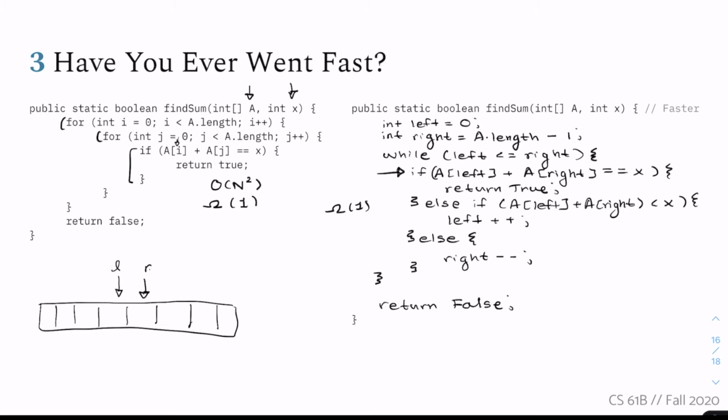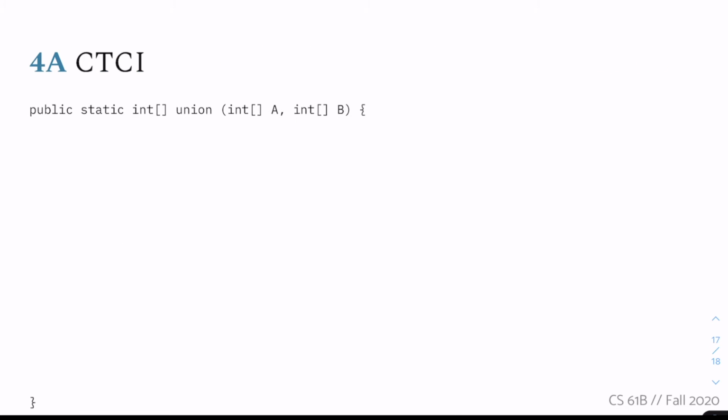So in the end, since we only stop once they basically meet up, it'll take O of n time for that to happen, which is a lot faster than our previous answer, which is fantastic. So that's number 3.